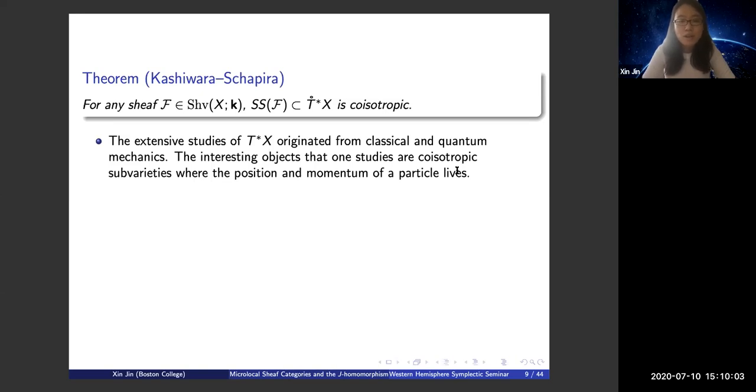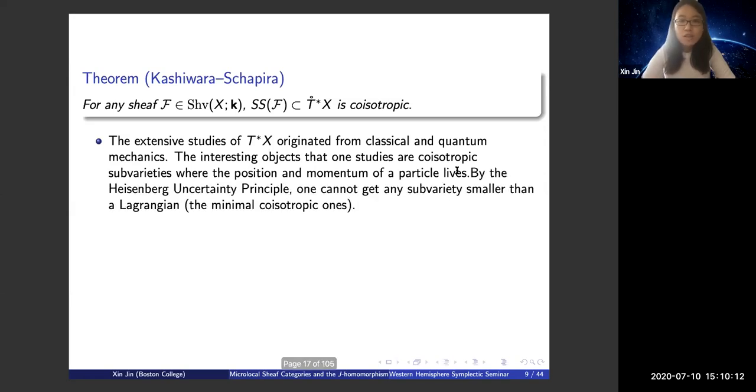The interesting objects are those co-isotropic subvarieties where the position and the momentum of a particle live. This is because, by the Heisenberg uncertainty principle, you cannot have anything smaller than a Lagrangian where you can detect both position and momentum.